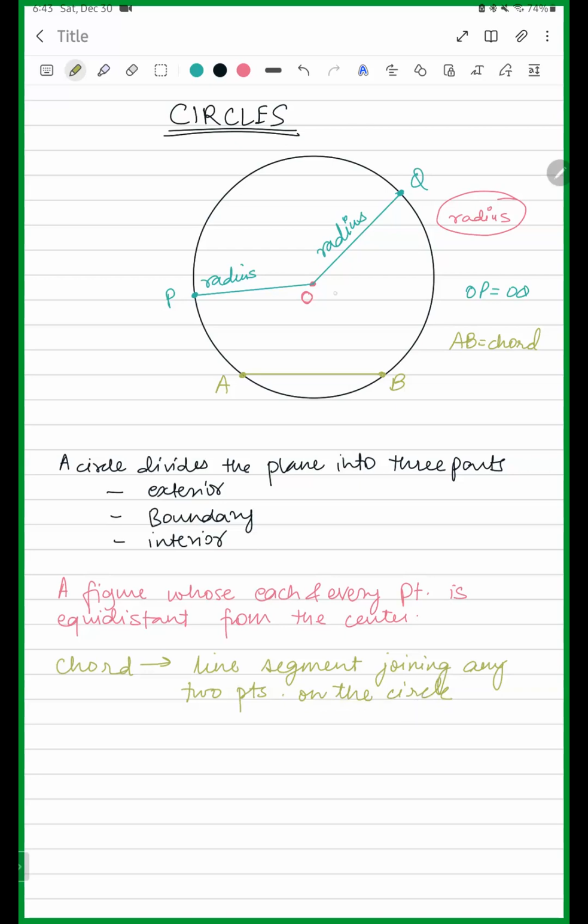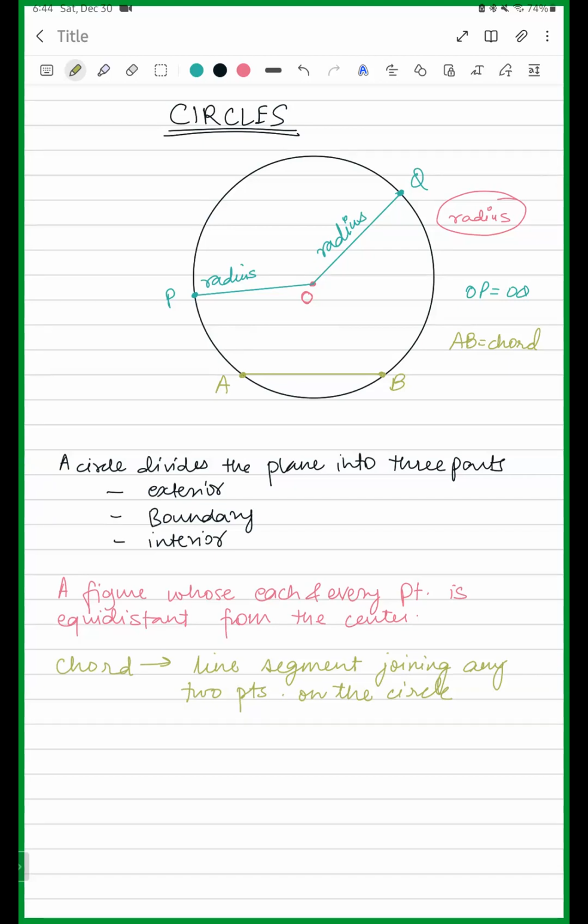If you have a point inside the circle, let's say a point X, and you join it with a point on the circle, let's say a point C, then this line segment CX is not a chord. Why? Because a chord is a line segment joining any 2 points on the circle. So the 2 points have to lie on the circle. So that's a chord.